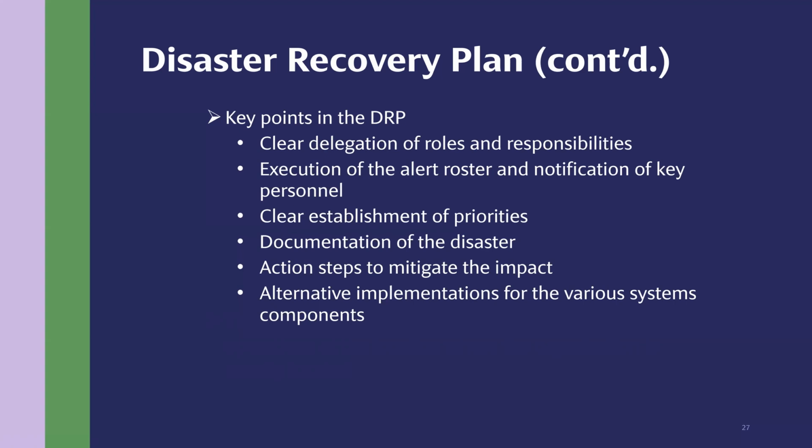Then clear establishment of priorities. Someone must also be tasked with the documentation of the disaster, which is very important. If and only if it is possible, some attempts must be made to mitigate the impact of the disaster on the operations of the organization, and alternative implementation for the various system components should also be followed.